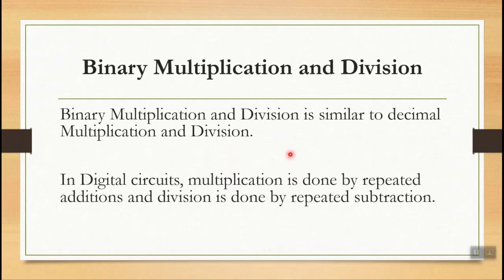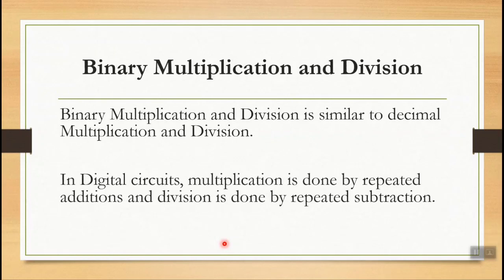Let's talk about multiplication. Binary multiplication and division is similar to decimal multiplication and division. In digital circuits, multiplication is done by repeated additions and division is done by repeated subtraction. In our normal life also, in the decimal number system, we can always get multiplication by repeating the additions.